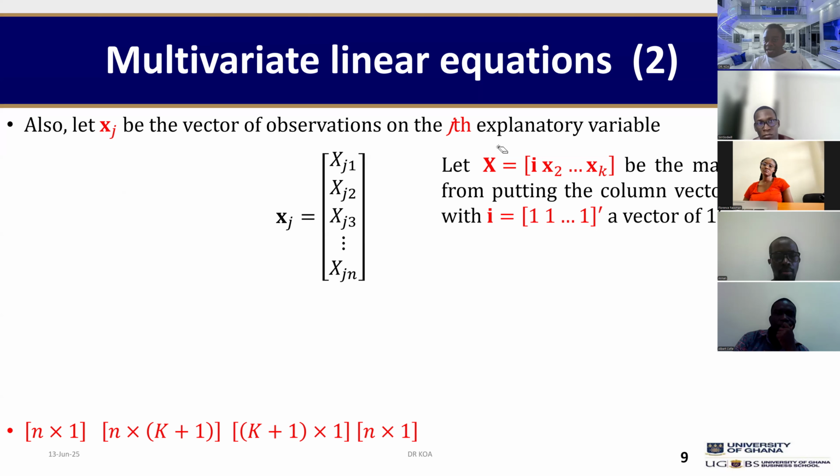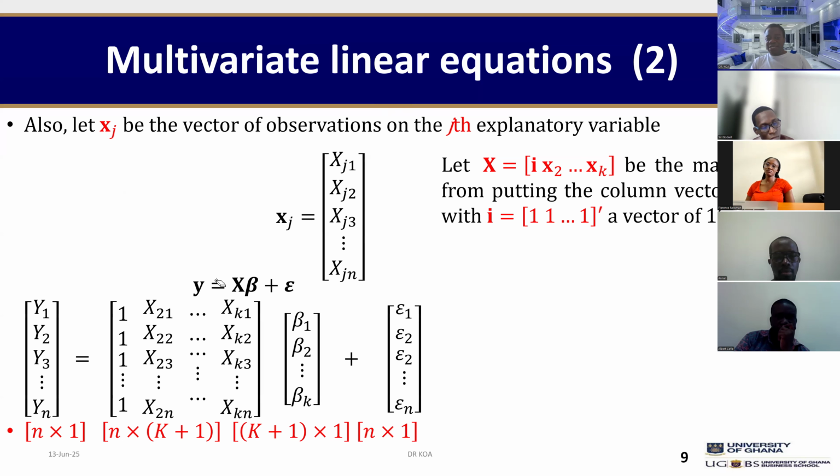So X here is a matrix formed by putting all the other columns together. And you can see that on the basis of this, we can say that this small y is equal to capital X B plus the error term, where each of these are the matrices of the independent variable.